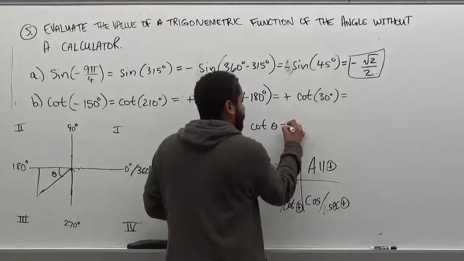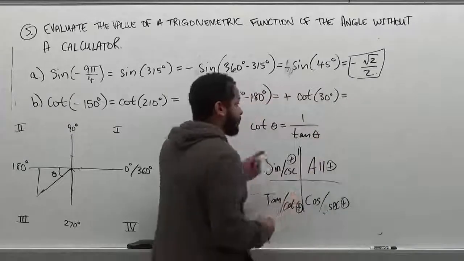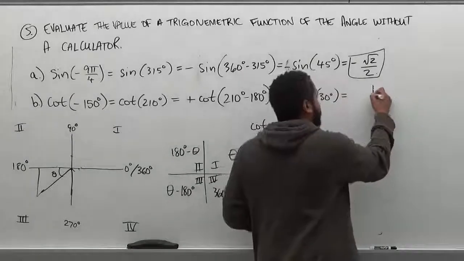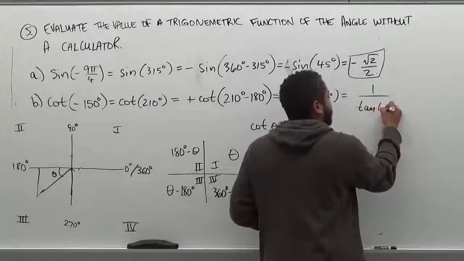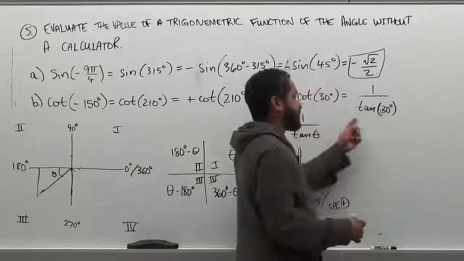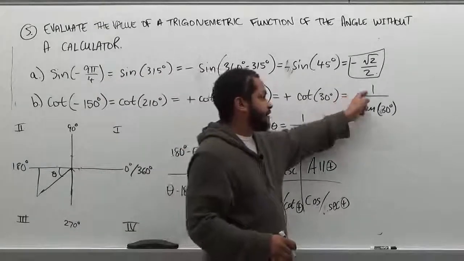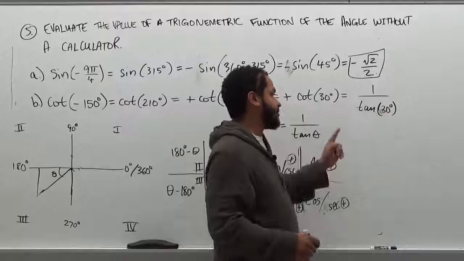Cotangent of the angle is equivalent to 1 over tangent of that same angle. So we're going to use 1 over tangent of 30 degrees. If you're plugging this into your calculator, you're using the tangent of 30 to solve the cotangent of 30, and you're putting 1 divided by the tangent of 30 to solve that.